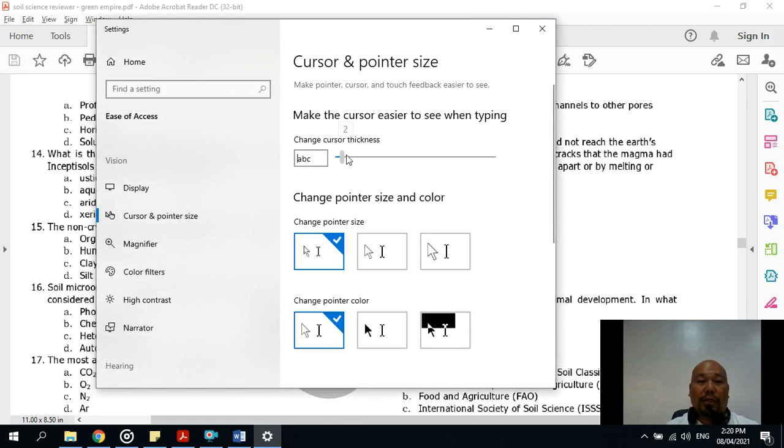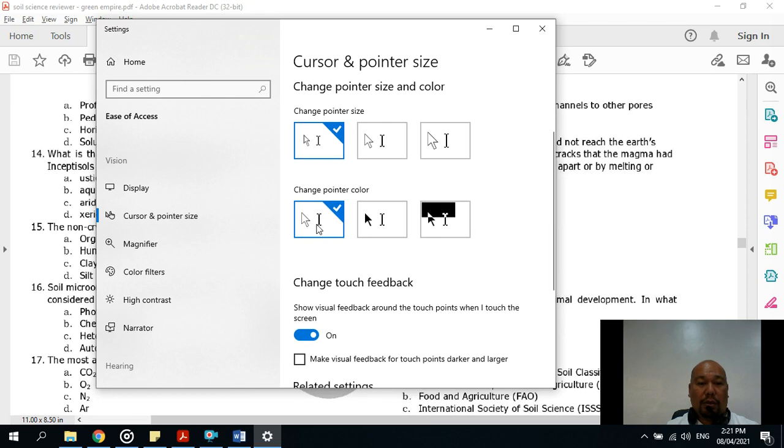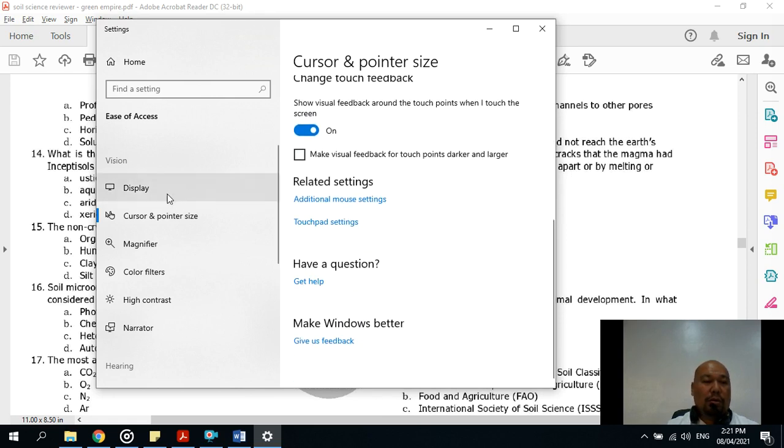Cursor thickness, I want it to be that one, and then ang color. Wait, change pointer color. Dili man mo. Display cursor and pointer size.